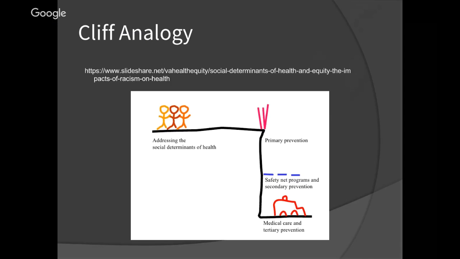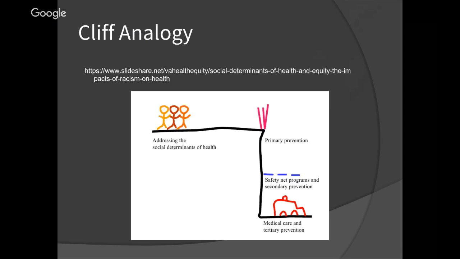The second level, which is above the ambulance, it's that blue dotted line. This is safety net programs and secondary prevention. So if folks were falling off the cliff, maybe instead of letting them fall all the way down to the ground, we'll put a safety net to catch them. So again, if you think about illness prevention, right?